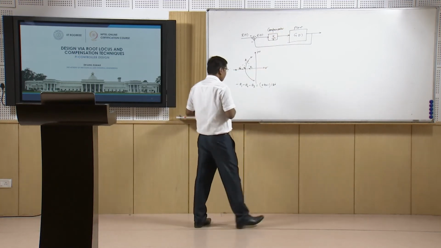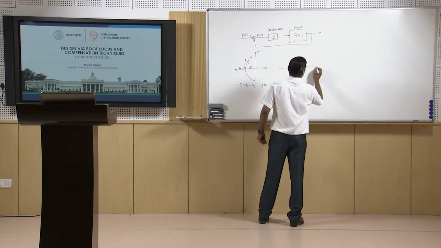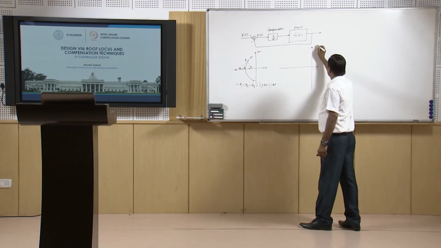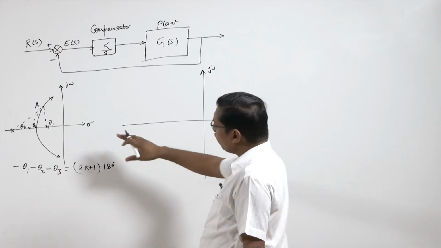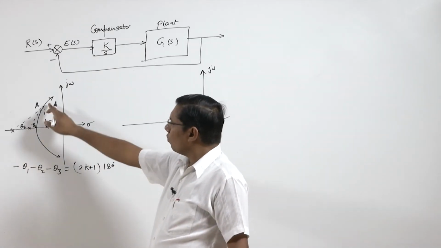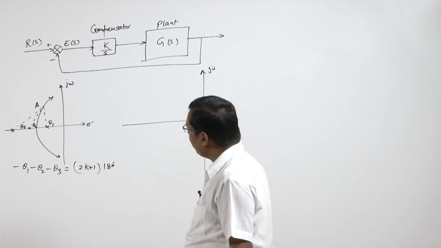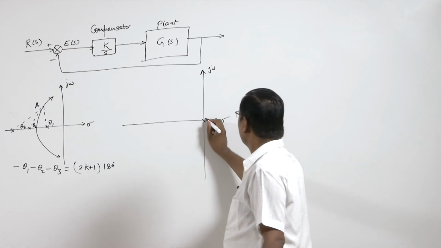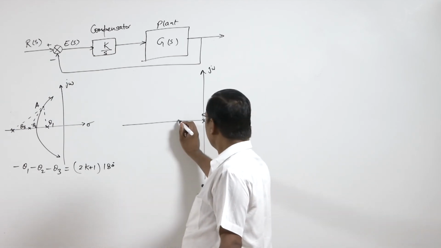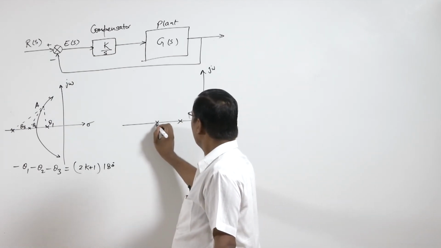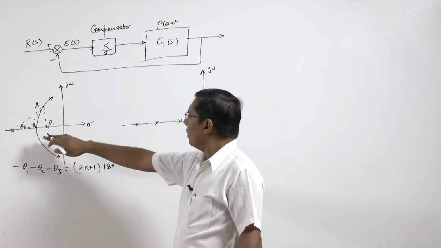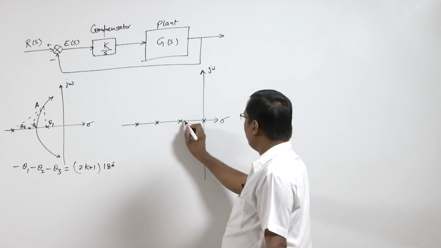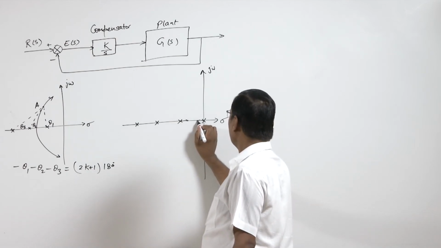With this compensator we will change the root locus, and it is possible that this root locus does not pass through this point A. So we have now this one pole at origin and these three earlier G(s) poles.